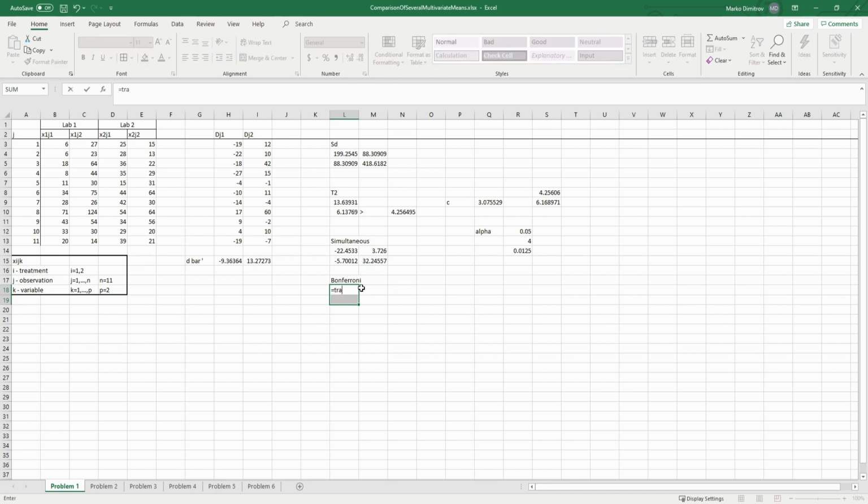We need the same: this minus, but instead of multiplying with constant c, we will multiply with the t-value of these degrees of freedom.